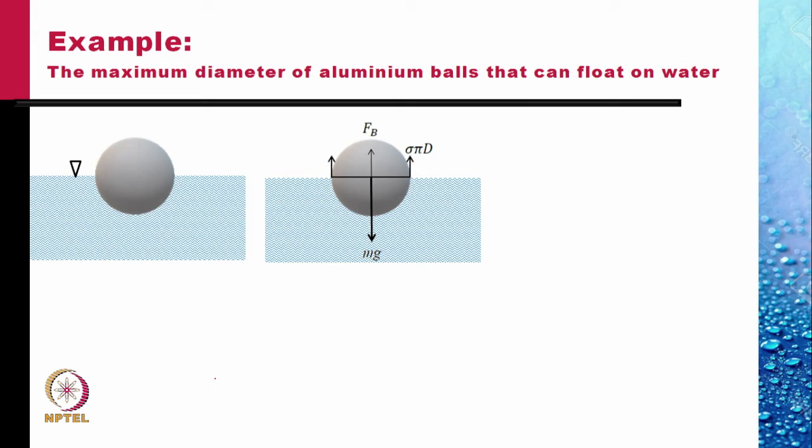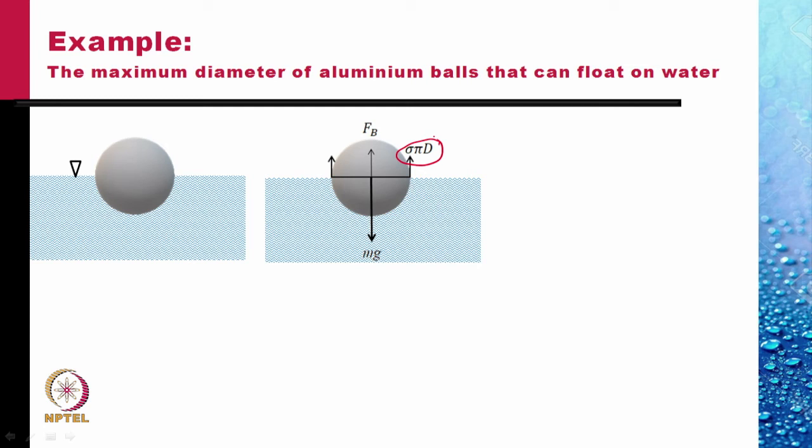The weight would be rho of aluminum times g times 4 by 3 pi r cubed. And the third force is the surface tension force, which acts over a length pi d, so that the force is sigma pi d.